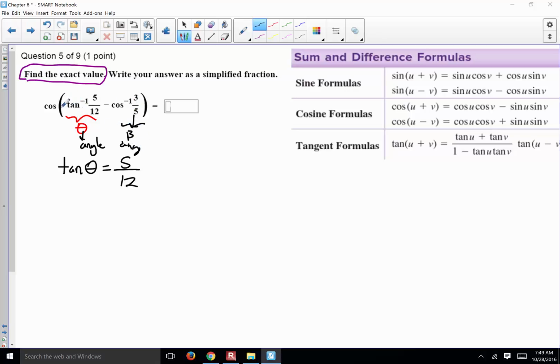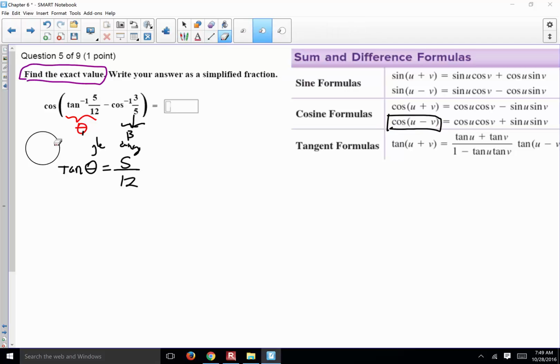But when you look at the structure of the question, what I see here is a cosine of an angle minus another angle. So isn't this just like this situation? Cosine of an angle minus another angle.